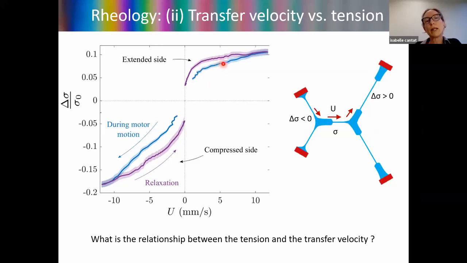Here the motor is moving, the tension increases, and the transfer velocity is faster and faster. At this point, the motor stops, but the transfer keeps going at a slower and slower velocity until everything stops at this point. The same thing happens on the compressed side.